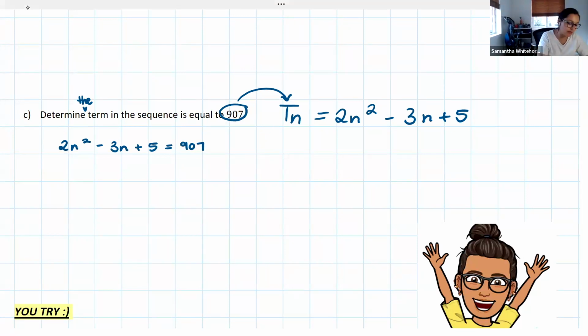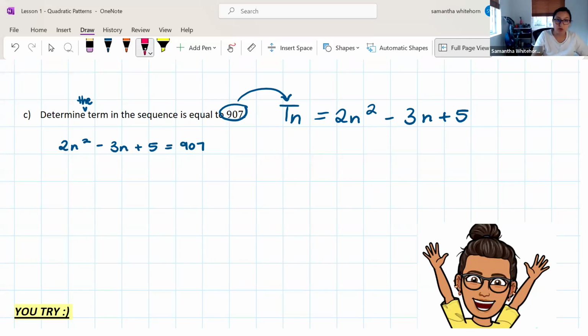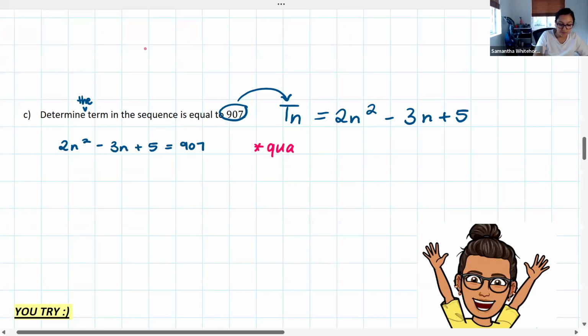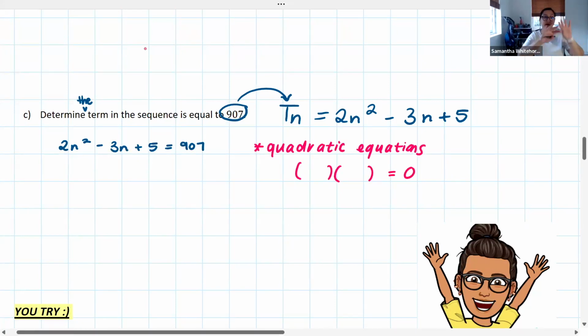Now this is what I was saying earlier. This is just a quadratic equation. What we need to remember when solving quadratic equations is that our goal is to factorize, have one side equal to 0, and then get the answer of each of our brackets. Often in sequences and series we end up with an equation like this. I have no desire to try and factorize 900 and something as my last term, but we have a way to solve any quadratic equation with the quadratic formula.